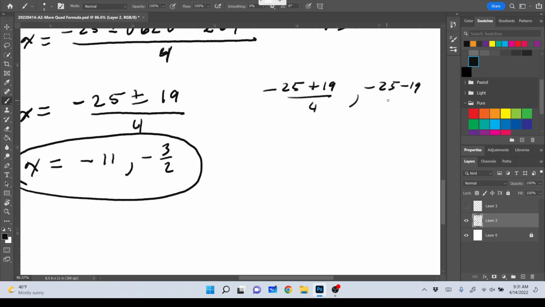So you're not doing 25 divided by 4, you're doing negative 6 divided by 4, which is where the negative 3 halves comes from. And you're doing negative 44 over 4, which is where the negative 11 comes from.